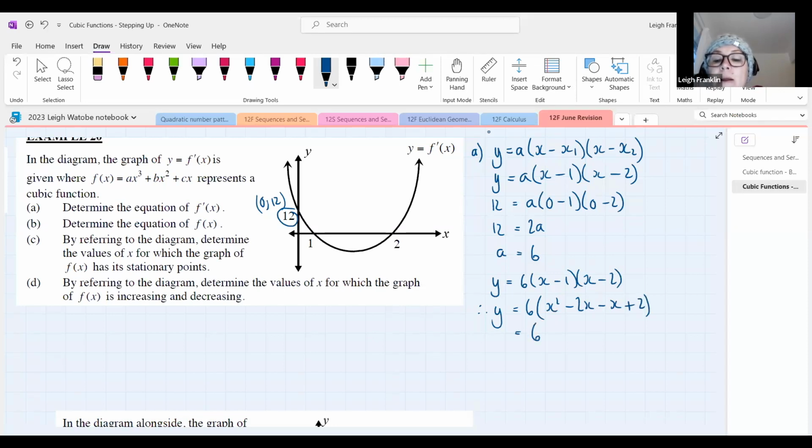Let's remove our brackets. That gives us 6x squared minus 12x minus 6x plus 12. Collecting our like terms, we would get 6x squared minus 18x plus 12. Okay, so that would be the equation of f prime x.